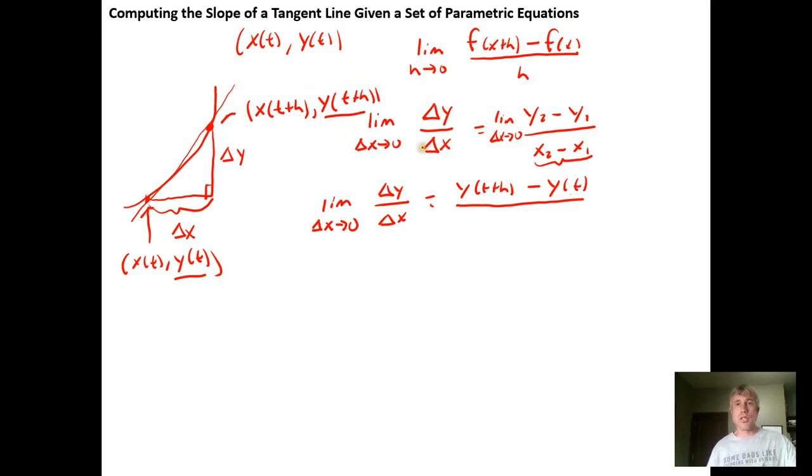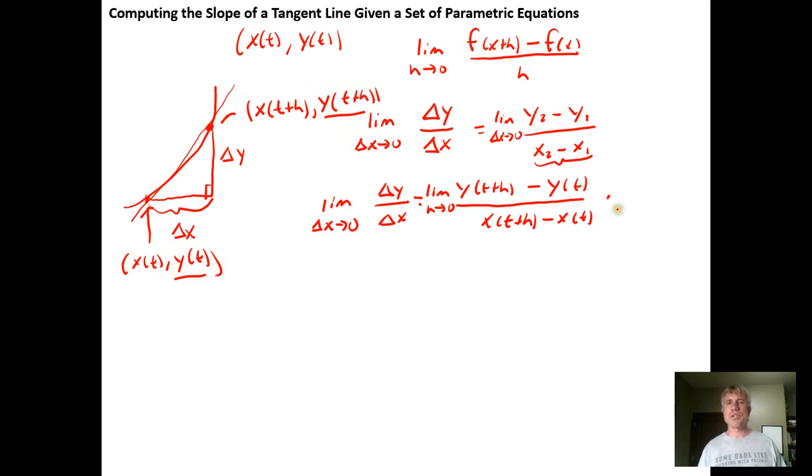Our delta x would be given by x of t plus h, the second x coordinate, minus the first x coordinate. And what would make delta x go to 0? Letting h go to 0 would let delta x go to 0. So this statement is equivalent to taking the limit as h goes to 0 of this ratio, because as h goes to 0, x of t plus h approaches x of t, making delta x go to 0.